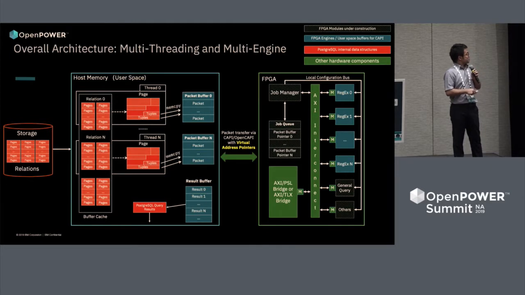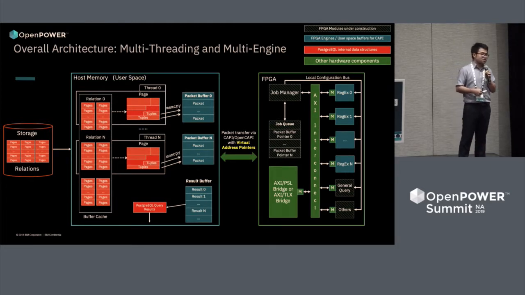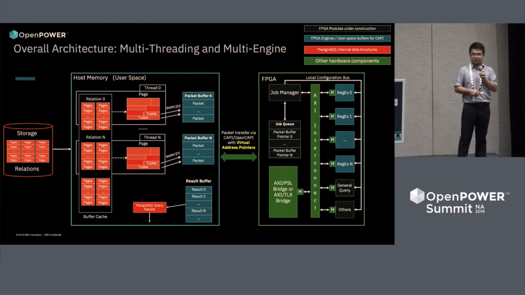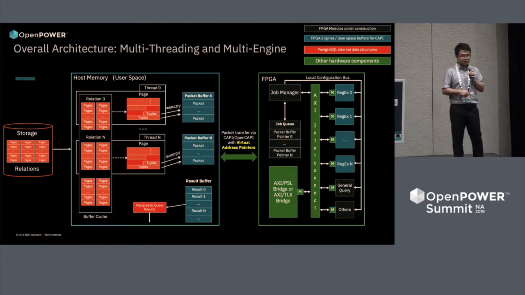In Postgres, every relation or every table is comprised of a large amount of pages. Those pages will be loaded from storage to the buffer cache on the host memory. And then we have multiple threads which work in parallel to process those pages.